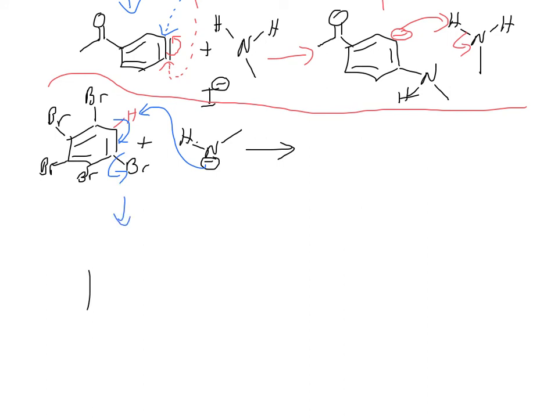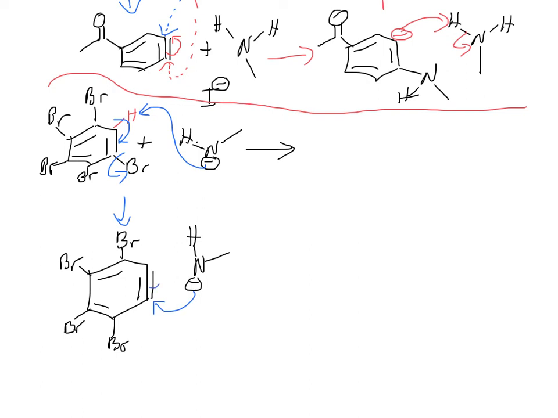So we form the benzyne, but what you'll see is, in this case, these two carbons normally are different, but in this case, they're not any different. They're the same type of carbon. So it doesn't matter. Even though it's the elimination addition mechanism, I'm only going to form one product. So if I attack here, I would get the same product as if I attacked at that carbon too.